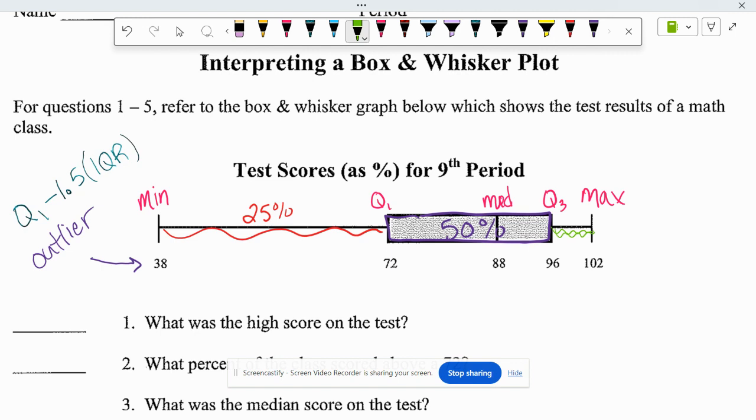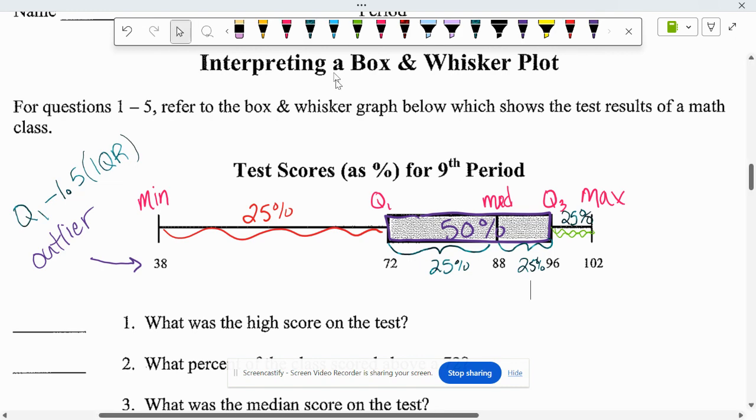What's 100 minus 25 minus 50? You have a calculator, pick it up. 100 minus 50 minus 25. Yeah, this is 25%. Guys and gals, the quartiles are 25% each. So like this is 25% and this is 25%.